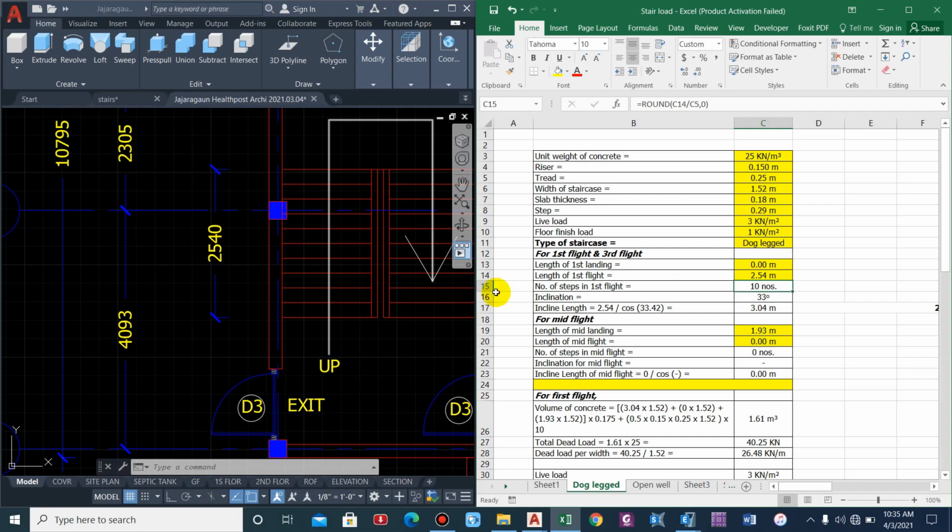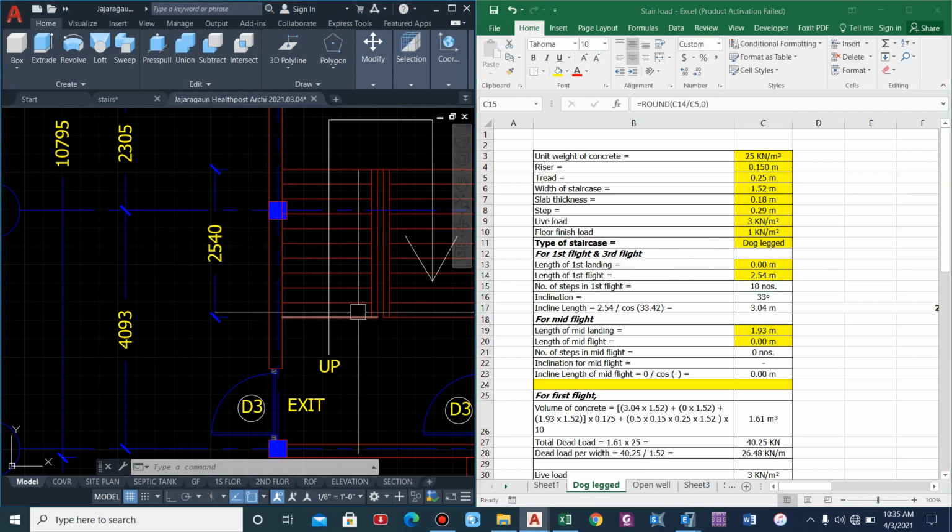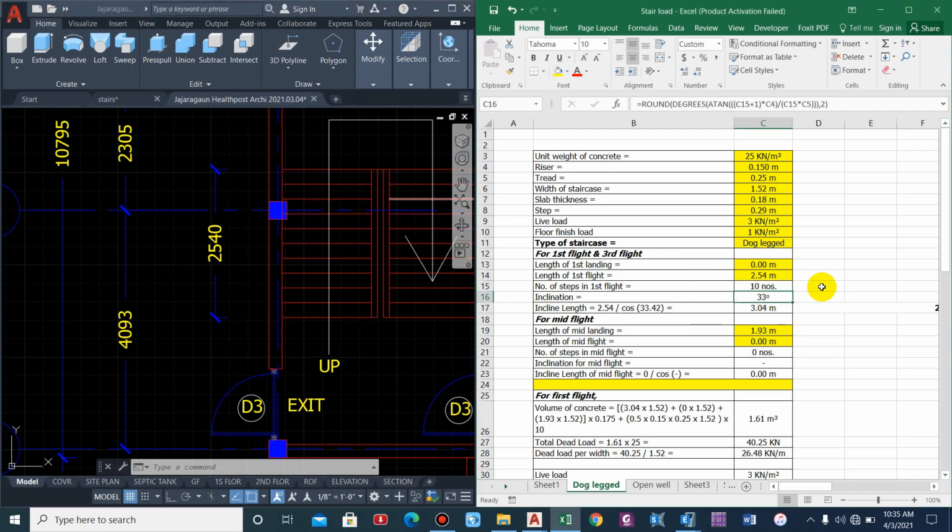Number of steps in the first flight is 10, which is an automatic value: 1, 2, 3, 4, 5, 6, 7, 8, 9, 10. So it is okay. Inclination is 33 degrees, so this is the inclined length. You can see I have just provided the formula, so you can understand this: 3.04 meter. Length of mid landing is 1.520, and the length of mid flight will be 0 as it is a dogleg staircase.